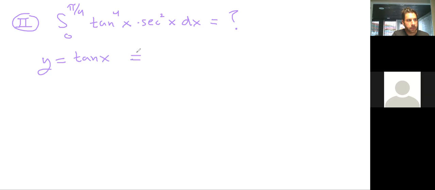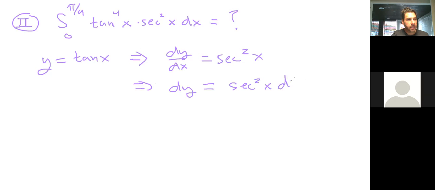Why am I doing that? Because if I do that, I get that dy dx is secant squared of x. And so that tells me, for example, that dy is equal to secant squared x dx. And so what's nice if you think about the original integral, and this is something you should try to ponder, that's exactly what you see right here.